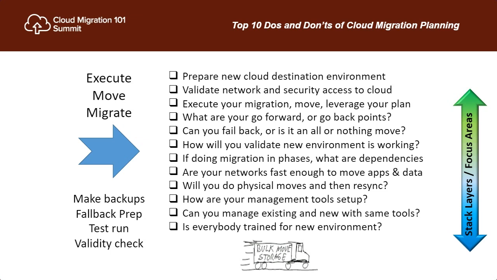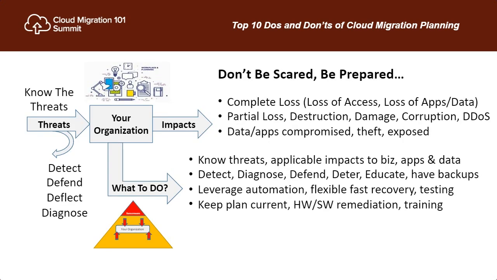In other words, if it's all automated, does that automation mean that from start to finish, if you're 75% of the way through, you have to start over, or are there checkpoints at various points that you can simply restart from that particular point in time? Are your management tools, is everything all set up, ready to go, and everybody trained for the new environment? Well, off you go.